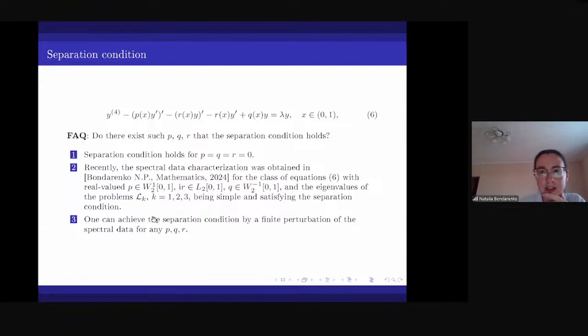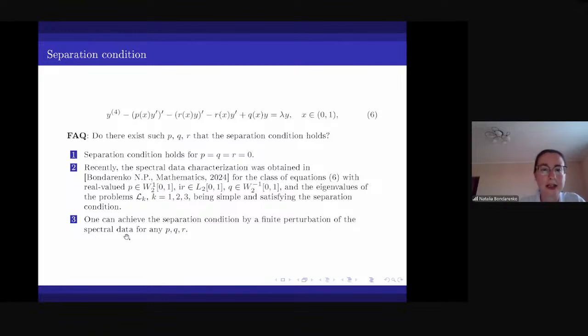And it gives a wide class of operators. Using the spectral data characterization, one can construct a wide class of operators which satisfy the separation condition.